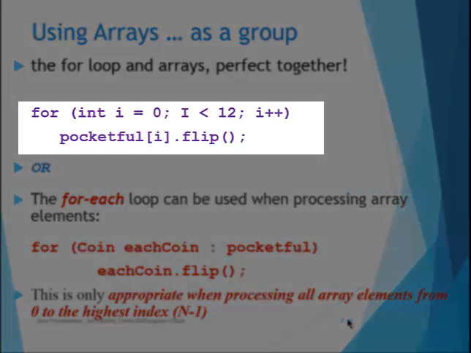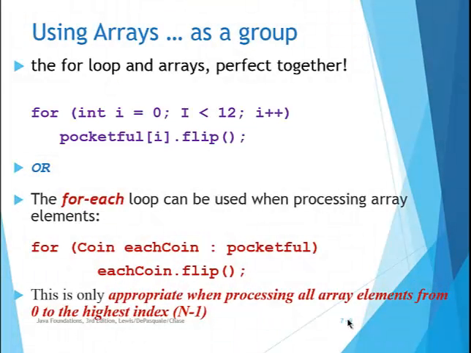The first code example demonstrates the use of the for loop with the array of coin objects named pocketful. With an array, we don't need to repeat 12 lines of coin flip code in order to flip our pocketful of coins. Instead, we use the for loop and have the incrementer i range from 0 to size minus 1, which in this case is 11.